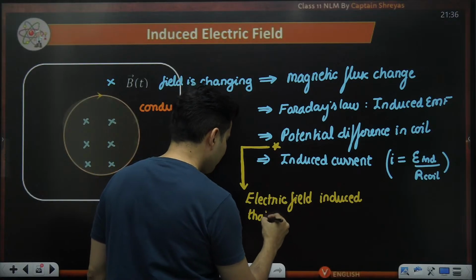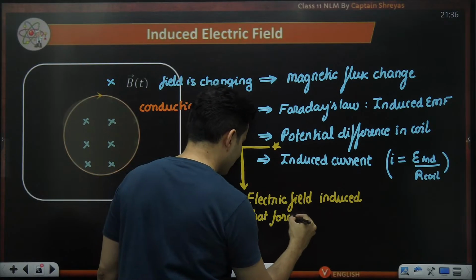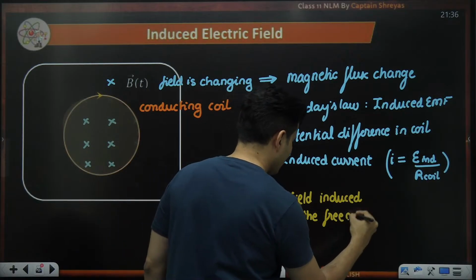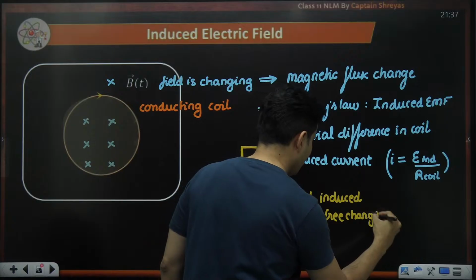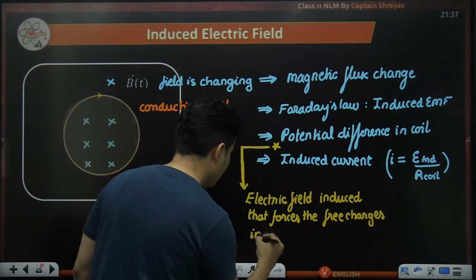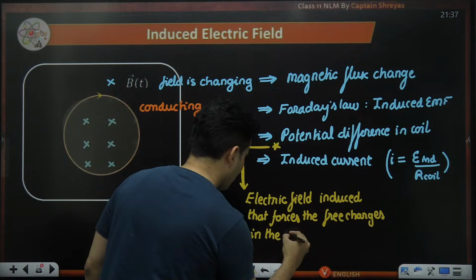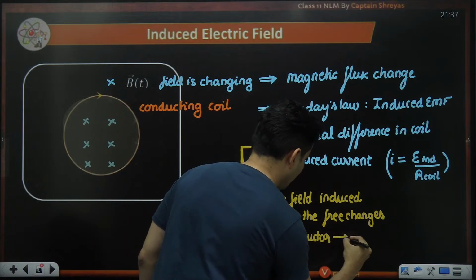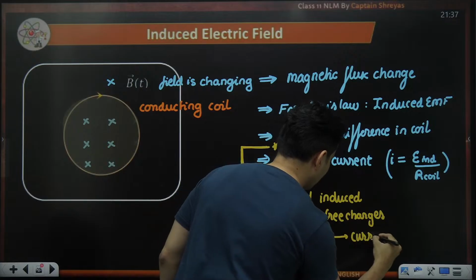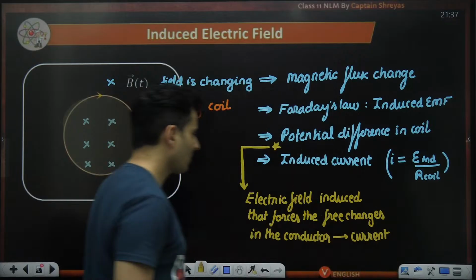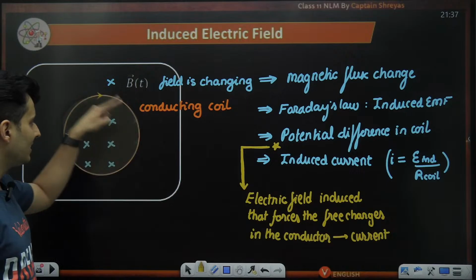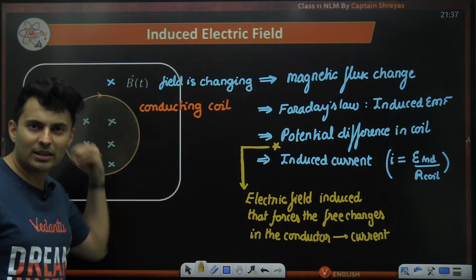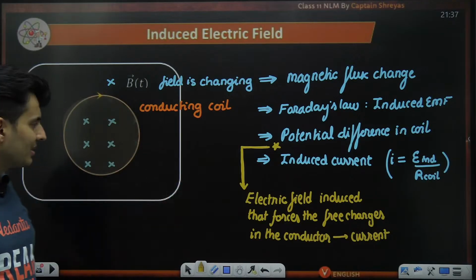That forces the free charges in the conductor to produce the current by moving. So the electric field was there, pushing them, applying the force, thereby the charges moved, and that's how current was created.